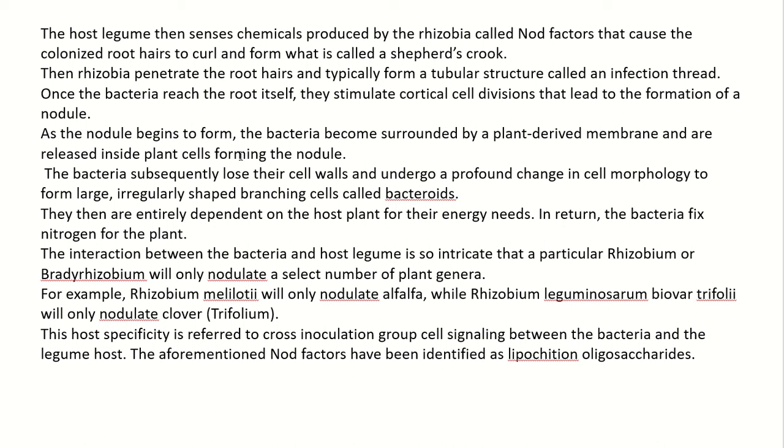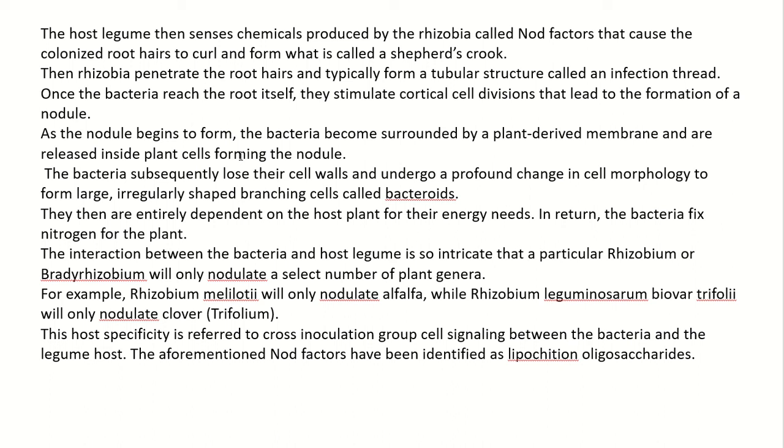The rhizobium nod factor causes colonized root hairs to curl and form, in many books, shepherd's crooks. Rhizobia penetrate the root hairs in a typically tubular structure called the infection thread.